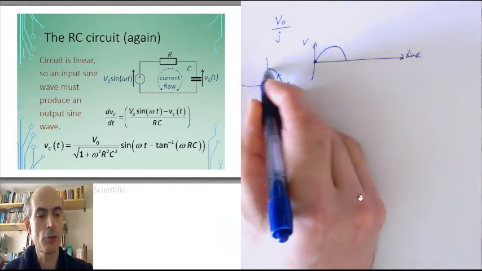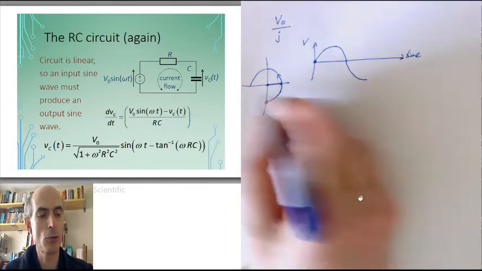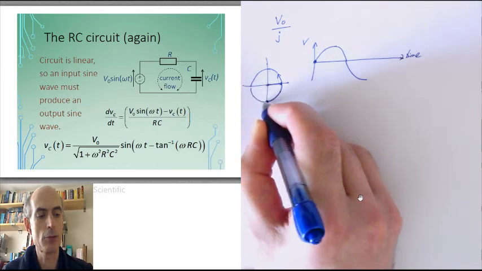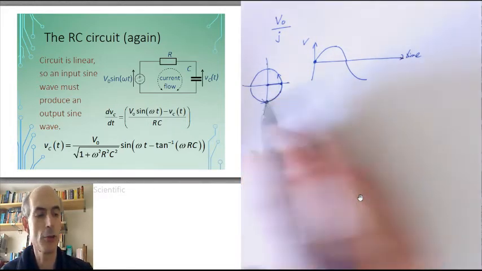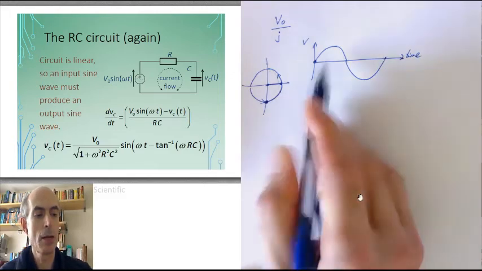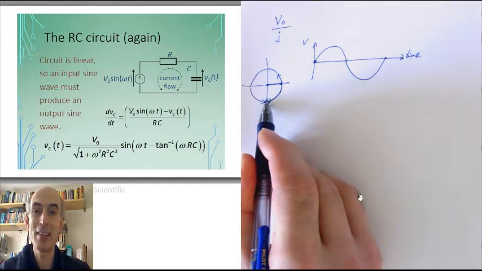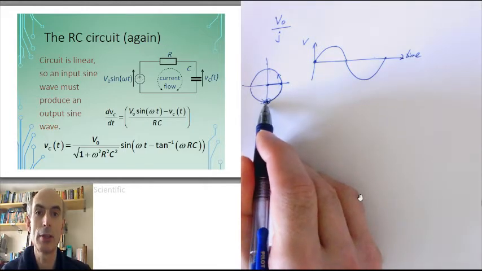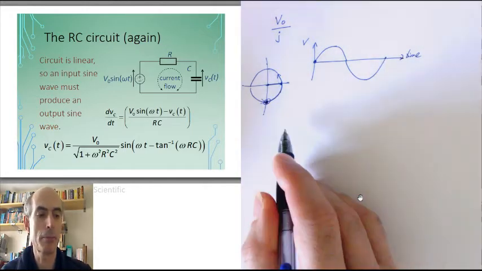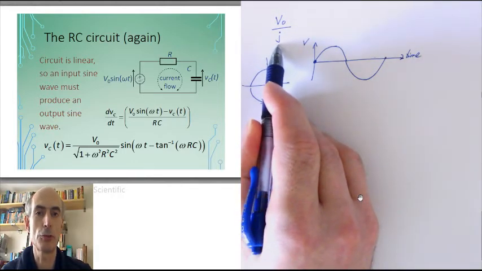And then as the cissoid went to here, the real part would go down to minus V0, and as the cissoid completed an entire circuit, the real part would go back up to 0 again, and we would have a sine wave. But we have to start here at a negative imaginary point to get this sine wave behavior. So that is our phasor representation of our voltage source.